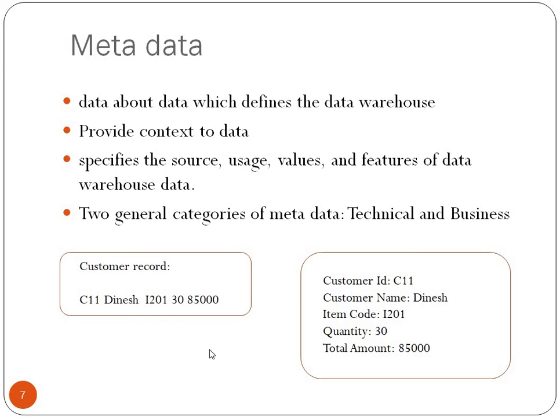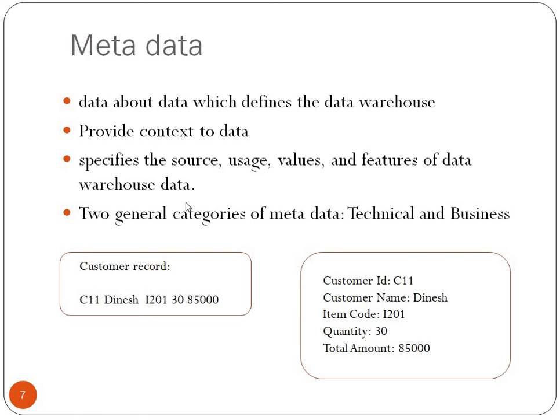This data is not comprehensible. Now, if we associate metadata with it, like customer ID equals C11, customer name is Dinesh, item code is I201, quantity is 30, and total amount is 85,000, it is now meaningful and comprehensible. So metadata provides context to the data.